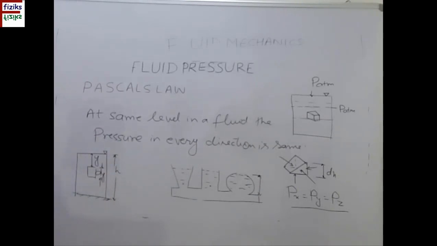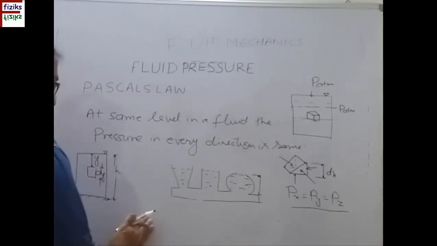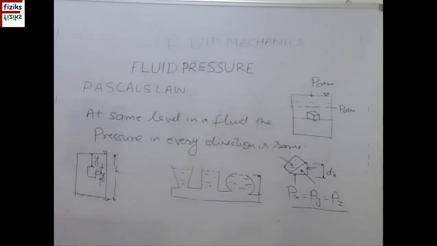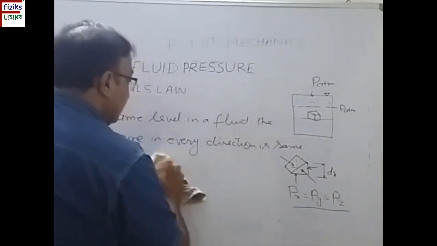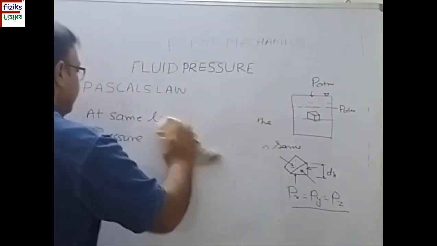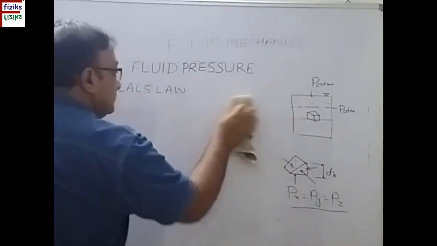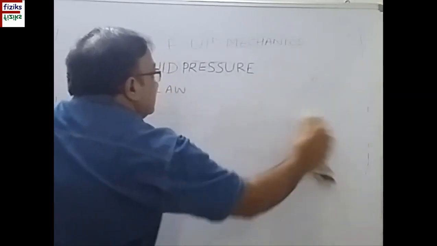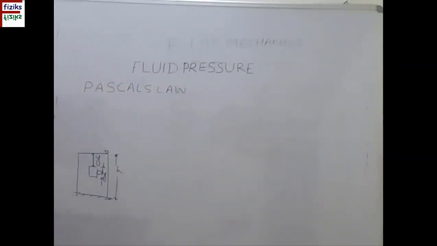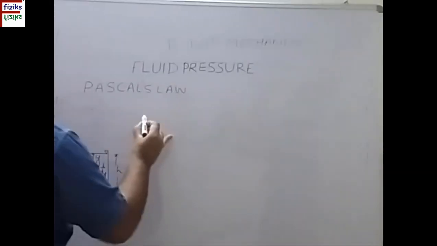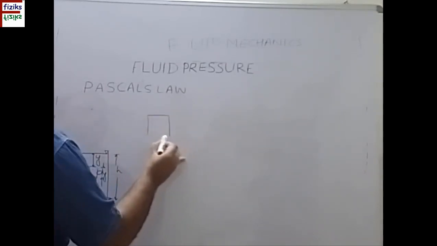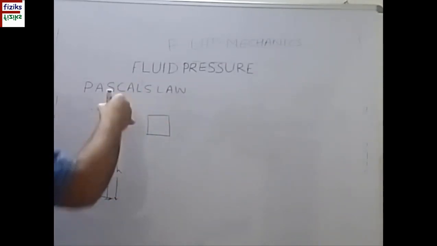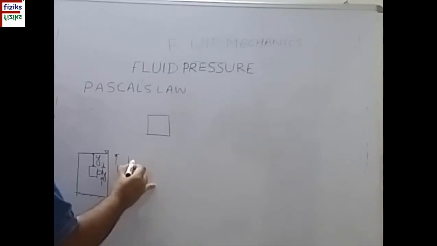Y is the distance from the free surface, dy is the thickness. Now I can show separately what are the forces which are acting on this column and show its equilibrium. This is the fluid column. Why we are measuring in the downward direction.